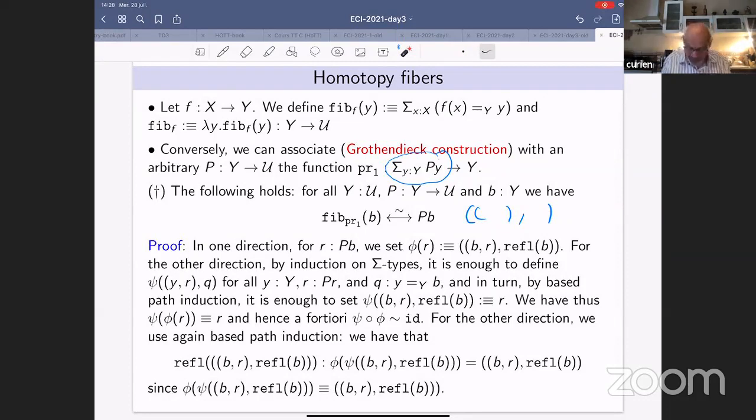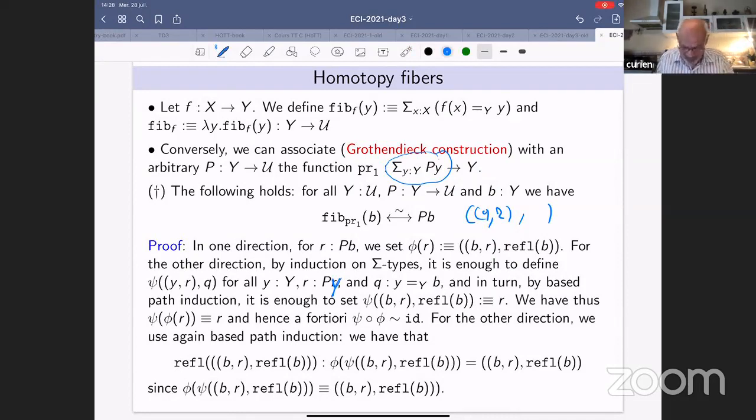Hence, it is something of the form y, comma r. So y is an element of capital Y, and r is an element of py. Here there's a typo in my text, it's a py here.